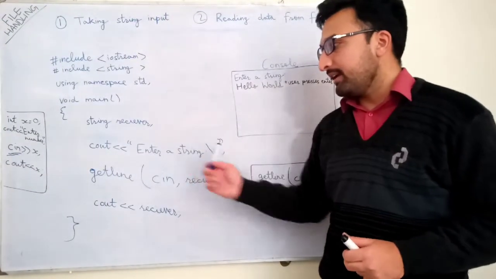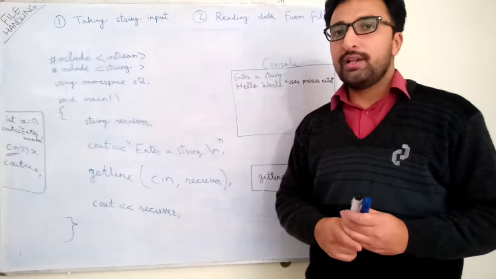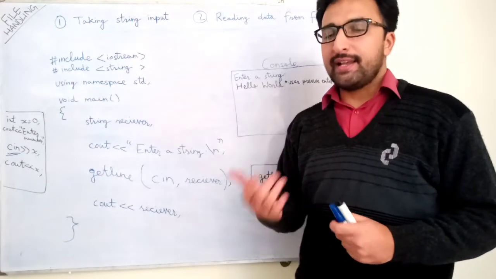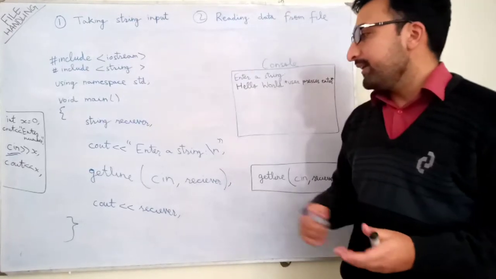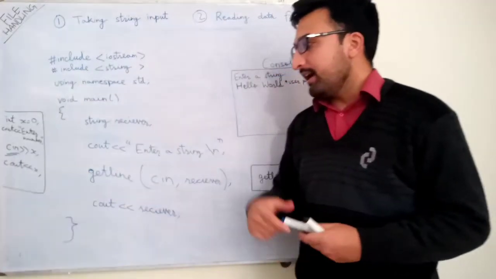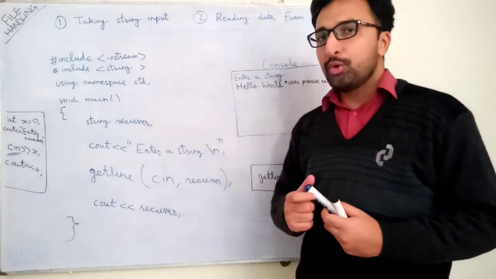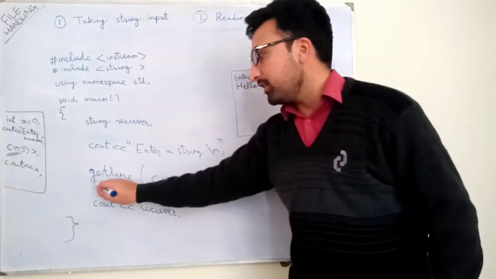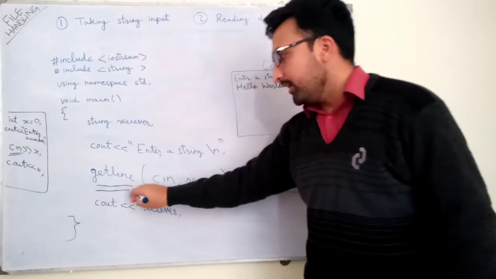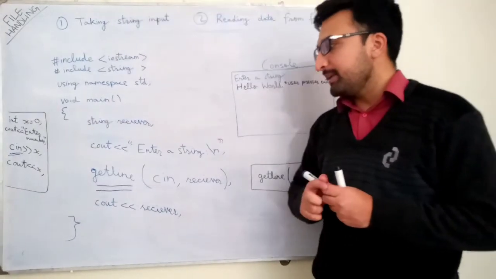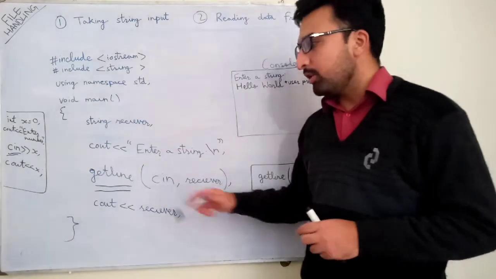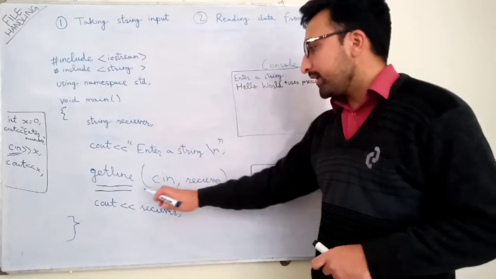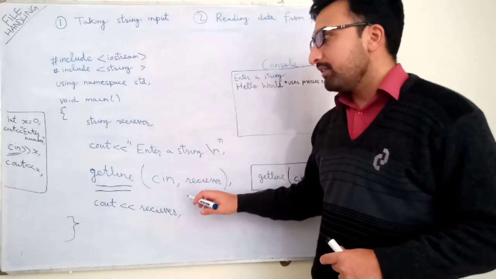Then we show onto the console some intuitive line that tells the user what action to take. Then we write "enter a string", and after that, how do we take string input? We make use of the getline function. What the getline function basically does is it uses the cin object in order to take input in the string variable.